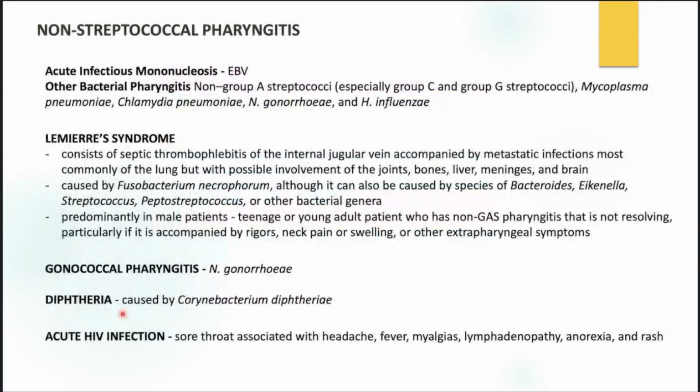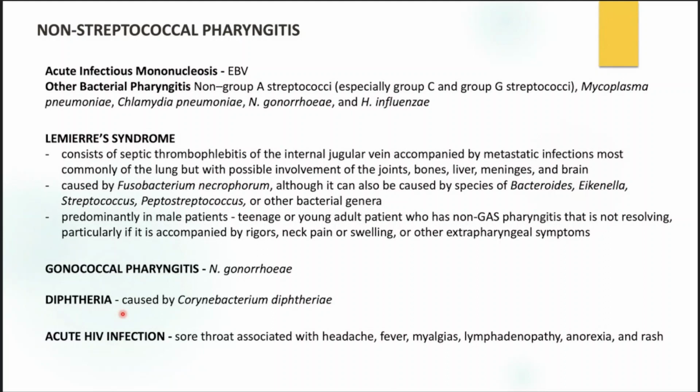For non-streptococcal pharyngitis, acute infectious mononucleosis caused by Epstein-Barr virus may be a cause, and other bacterial pharyngitis from non-group A streptococci may also be an etiology: Mycoplasma pneumoniae, Chlamydia pneumoniae, Neisseria gonorrhea, and H.